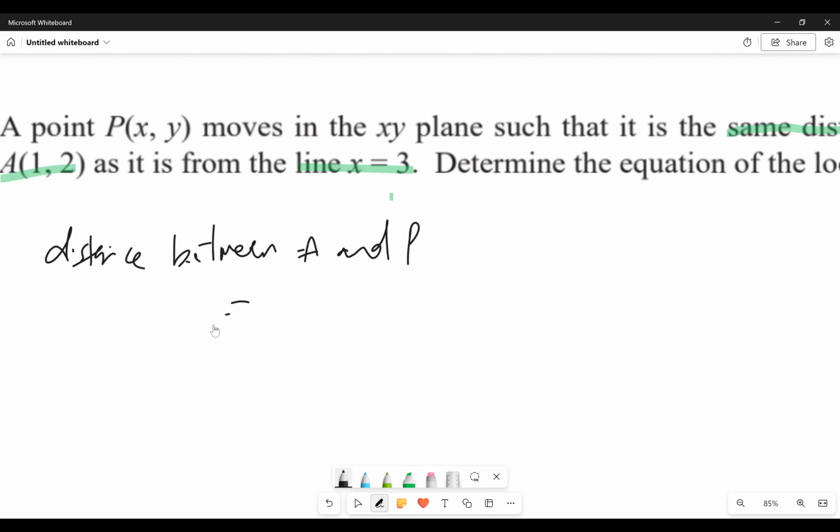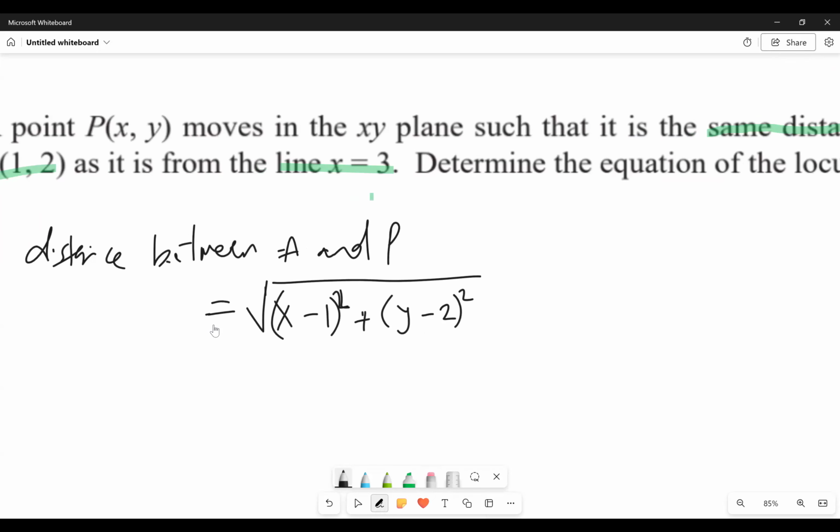In this case, that is the square root of x minus 1 squared plus y minus 2 squared. This is just the distance between A and P.